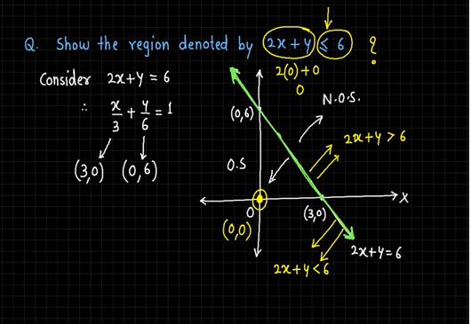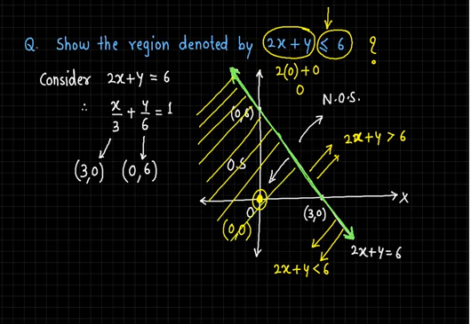It has to be 2x plus y greater than 6 only. Okay, so that means to show the required region, we will shade this particular region along with the line that represents the required inequality. Alright, so in this way we can show any region which is denoted by the given inequalities.